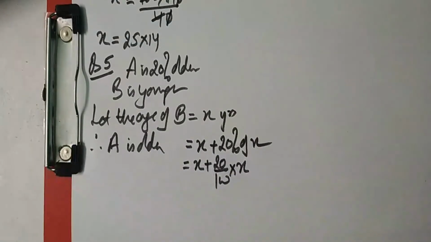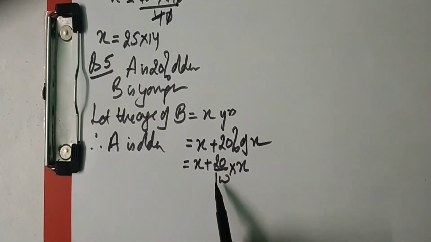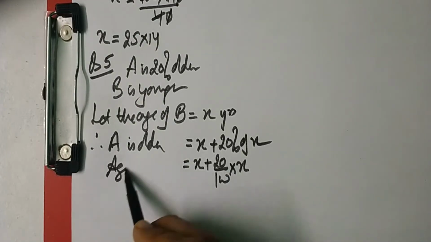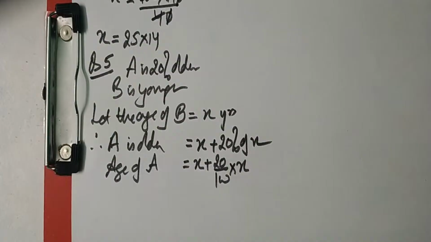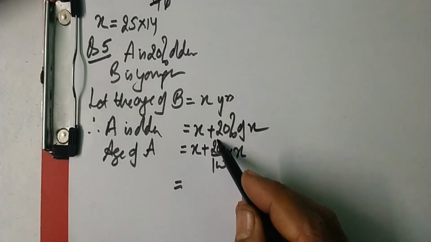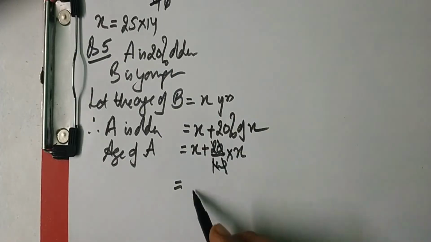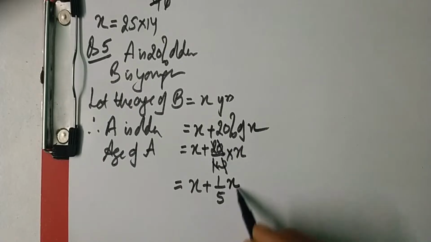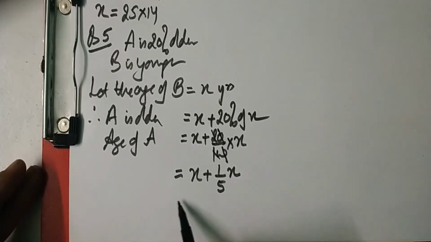So what will it become? This will become an equation and it will give you age of A. It will not give you a number, but we can divide. So it will become x plus 1 upon 5x. So which will become how much?